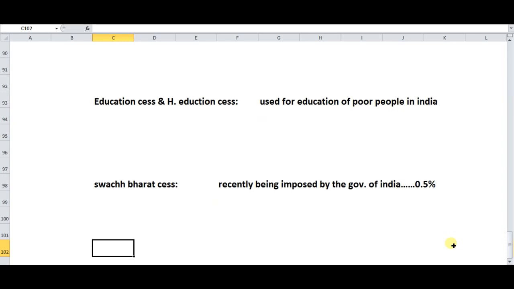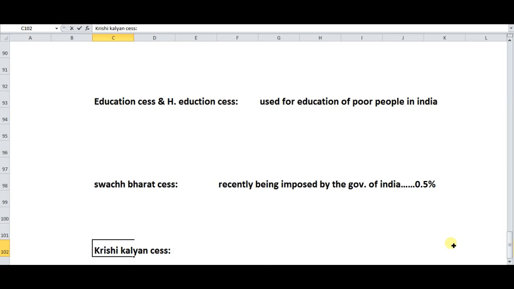So like the way Krishi Kalyan cess. The Krishi Kalyan cess was introduced in budget 2016 by the finance minister. It is introduced in order to extend welfare to the farmers. The effective rate of Krishi Kalyan cess is, I think, 0.5%.